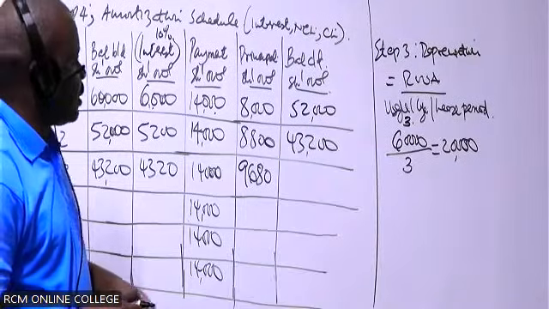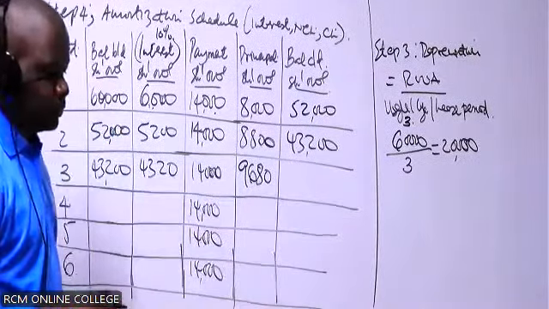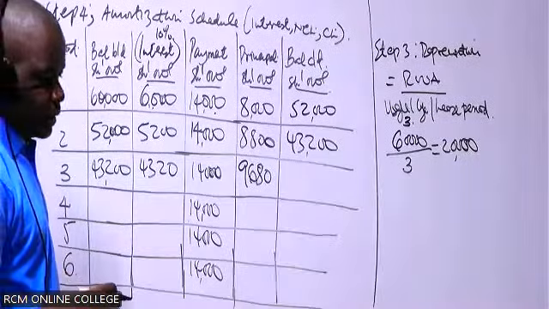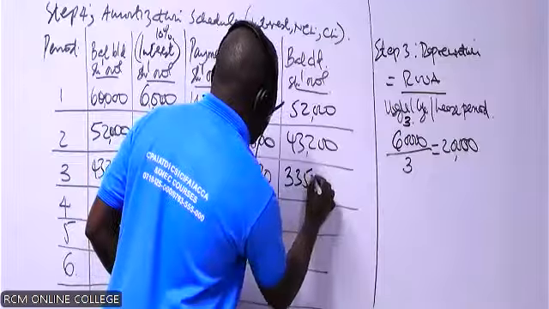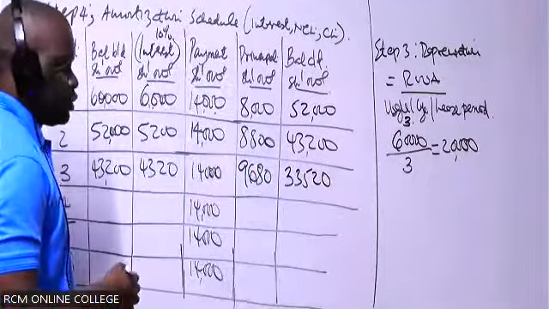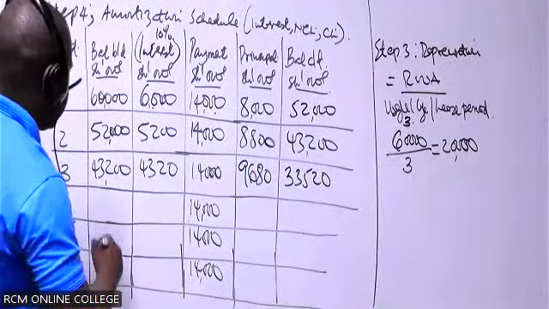Then how much remains as the balance carried down? 33,520. I hope it is correct.